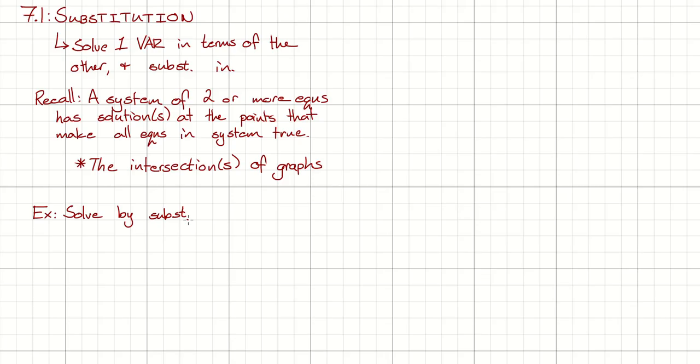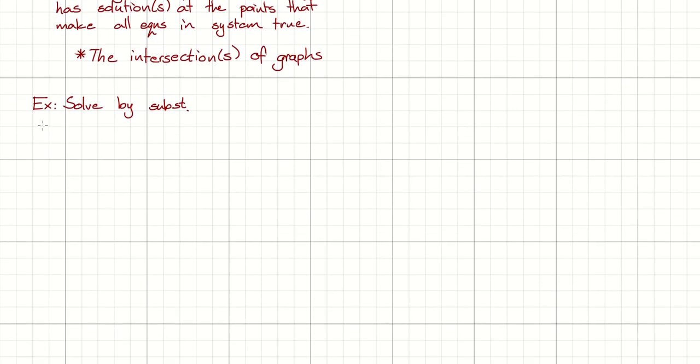Okay, so we're going to start with a fairly easy one. On A, let's consider the following system of equations. We have 2 linear equations given to us in standard form. We'll say that it is x minus y equals 3.